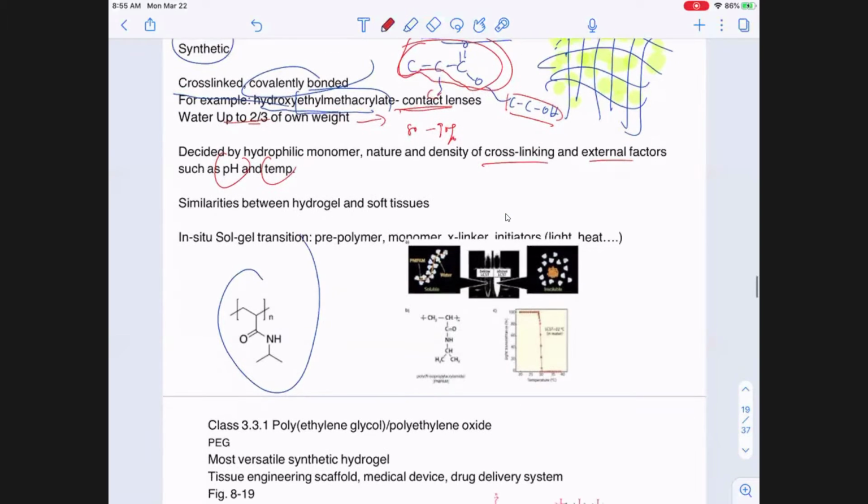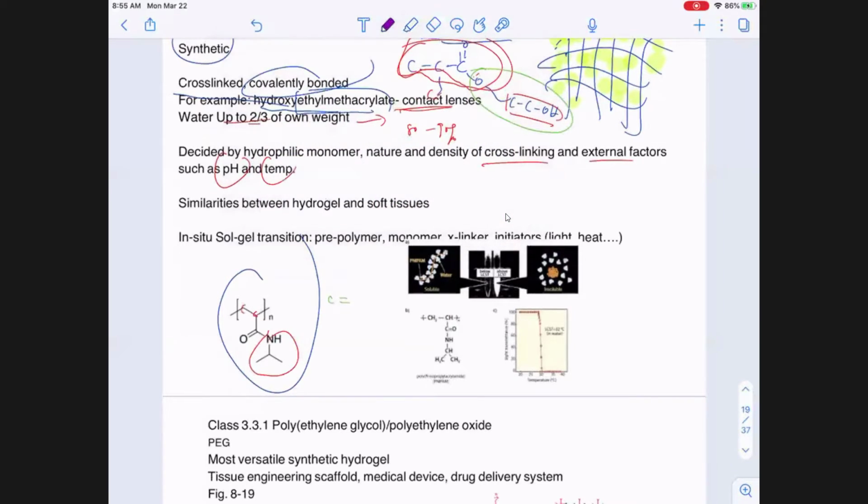Here's another polymer, polymethyl acrylate. You will see that means carbon. This part is the monomer.